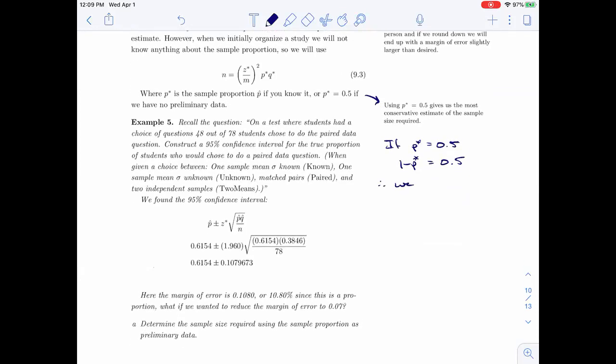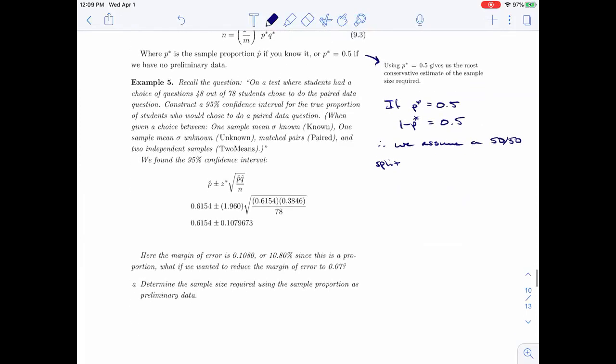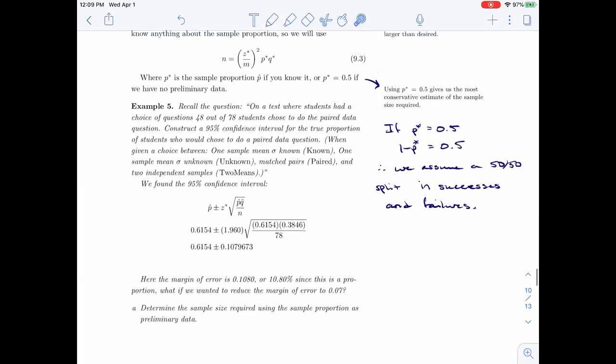So we assume a 50-50 split, we can call it, in successes and failures. And the reason we do that is because it gives us the most conservative estimate of the sample size required. This will give us the largest N possible to satisfy those conditions.